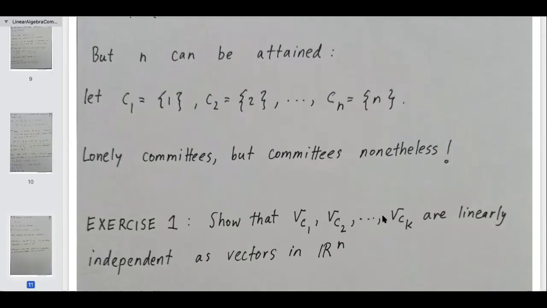In general, it is true that if some 0-1 vectors are linearly independent over F2, then when viewed as vectors in R^n and allowing coefficients in R, they are also linearly independent. So that's exercise 1.